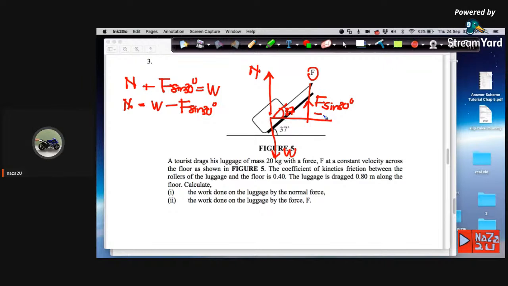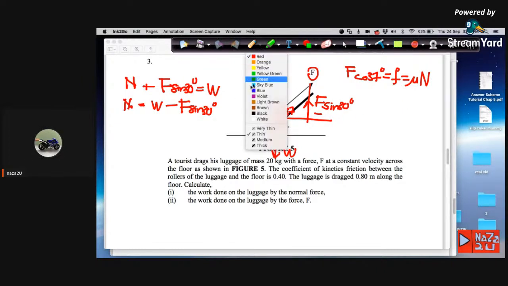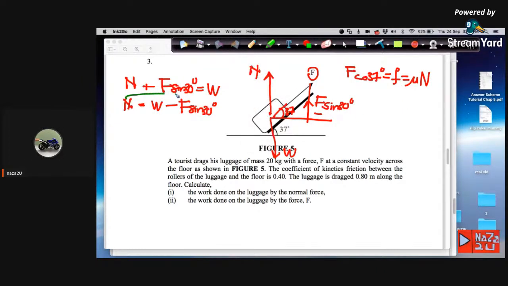Tadi saya ada persamaan ya berkaitan dengan force tadi, okay? Kita telah padam sini, iaitu F cos 37 is equal to frictional force. Tapi kita tahu frictional force is equal to mu N. Jadi kamu ambil N kat sini ganti dekat N di sini.